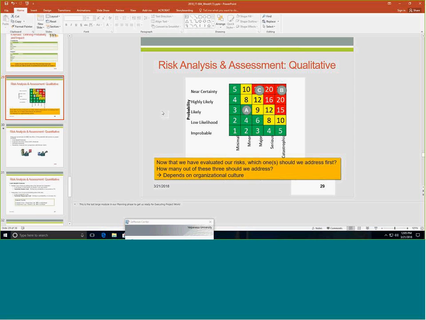So how you deal with risks really depends on the organizational culture, and it also depends on the industry, right? If you write code that is being deployed on a pacemaker that goes into somebody's body and shocks the heart back into regular rhythm, then this red area will be a whole lot larger, because for any risks that are anywhere here, even near certainty but with a minimal impact, we really want to make sure we don't kill anybody, right?